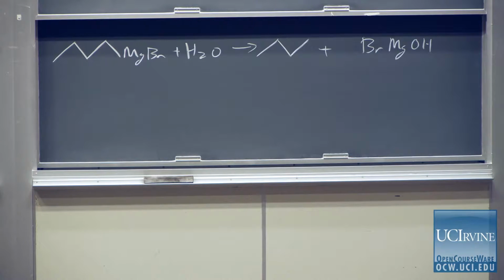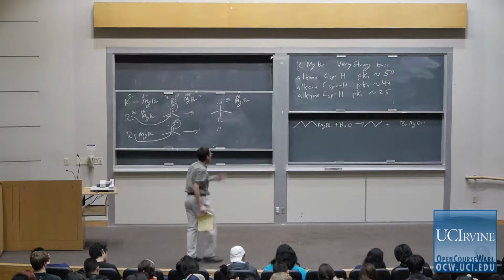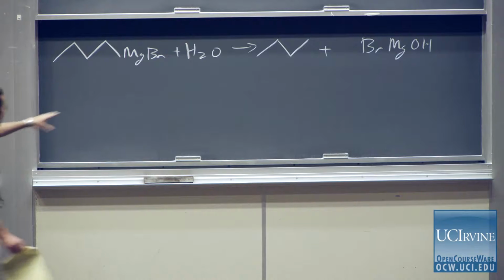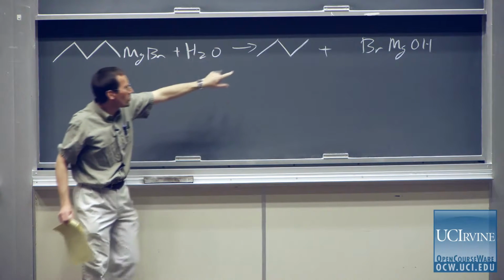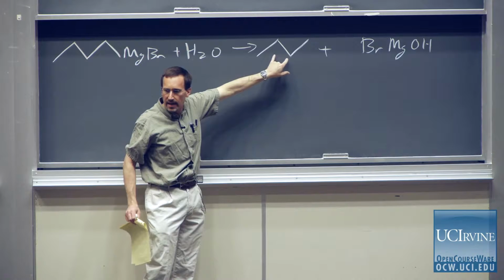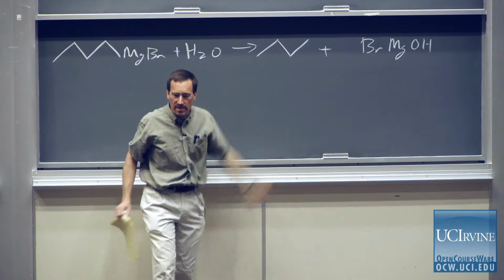So this is a Brønsted acid, Brønsted base reaction, if you think about it. We have water acting as an acid on the left side of the equation. We have our alkane as an acid on the right side of the equation.